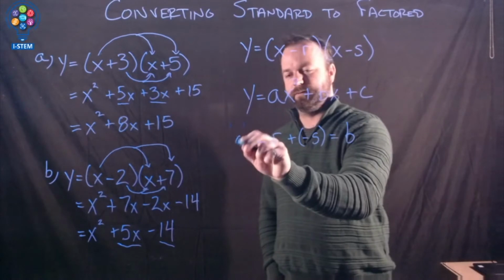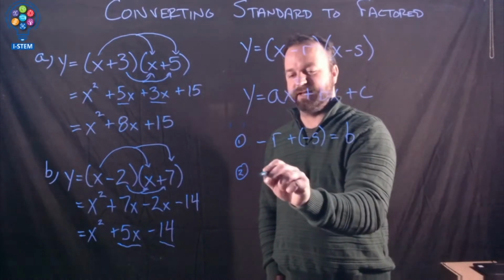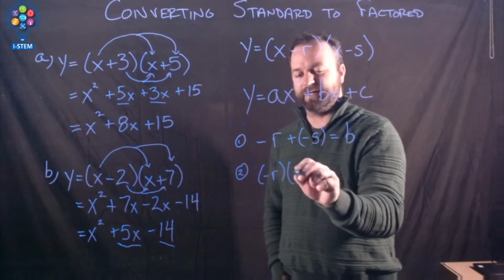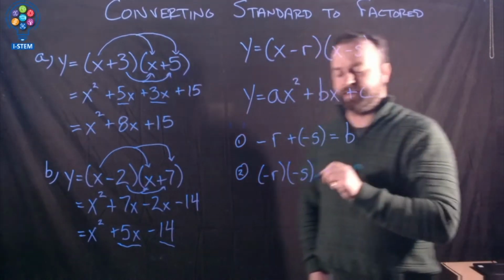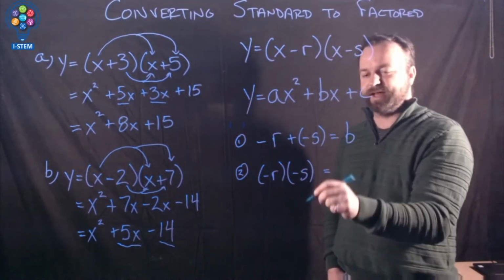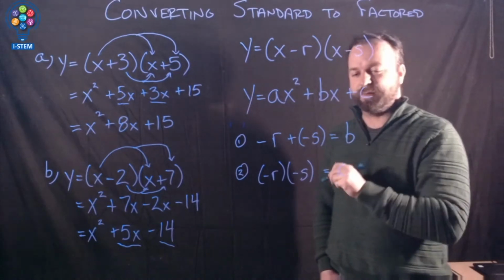That's one point. Another point James is making is that if you took the r value, whatever it is, and you multiply it by the s value, whatever that is, it has to become the c value.